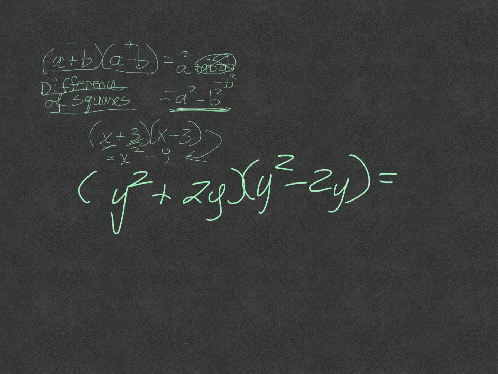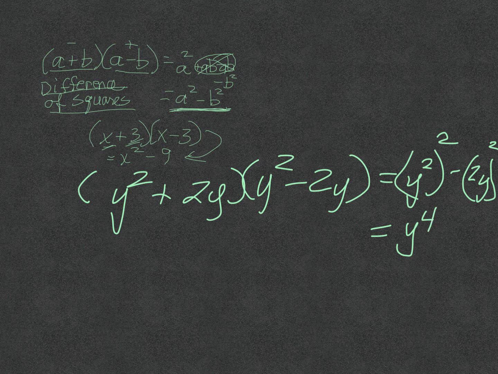Therefore, that's going to be the y squared squared minus the 2y squared. That's a squared minus b squared, okay? But y squared squared is y to the 4th, and 2y squared is 4y squared, because it's 2y times 2y. And so that's how that multiplies, okay?